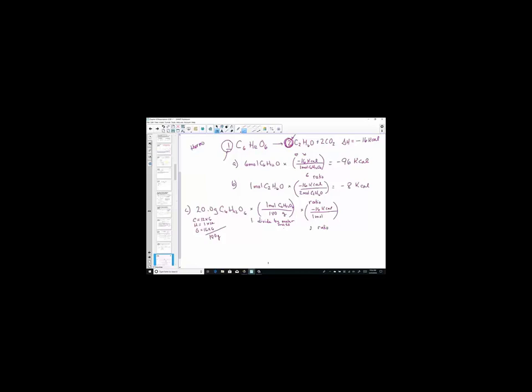Step 2, your ratio, and that will land us at the kcals of energy. And we know it will be an exothermic answer. 20 divided by the molar mass of 180 times negative 16. And this gives me negative 1.78.